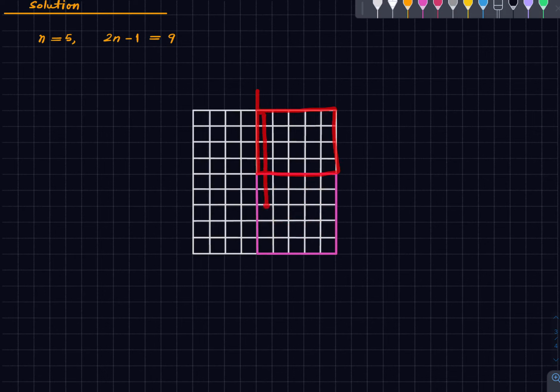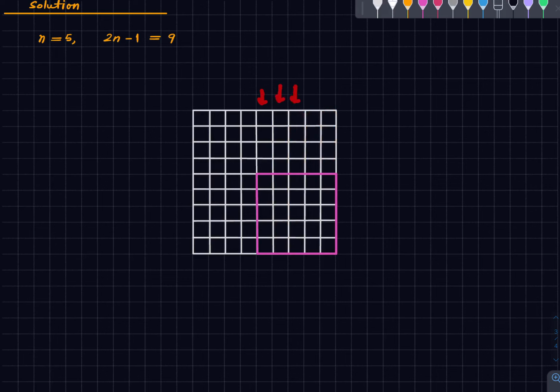This column has exactly one rook and there is no rook here, so there is at least one rook here. By the same reasoning, there is at least one rook here. Again, because there is no rook here and each column has exactly one rook, there is exactly one rook here. Similarly, there is one rook here, one rook here, and one rook here.